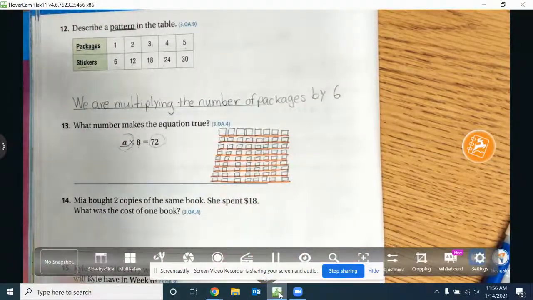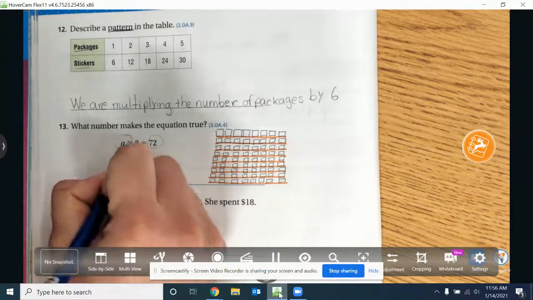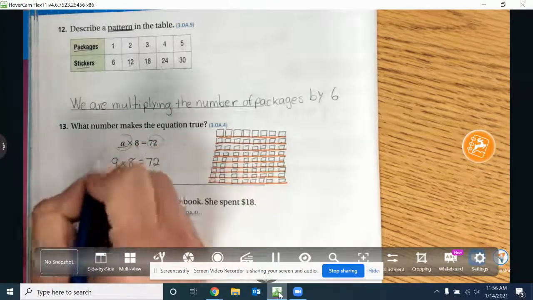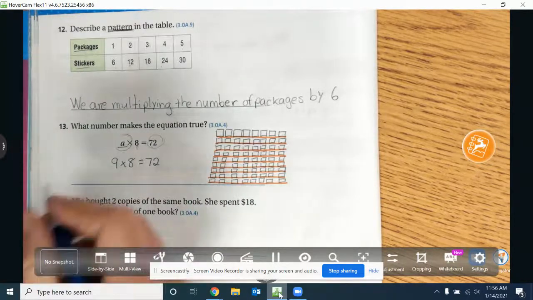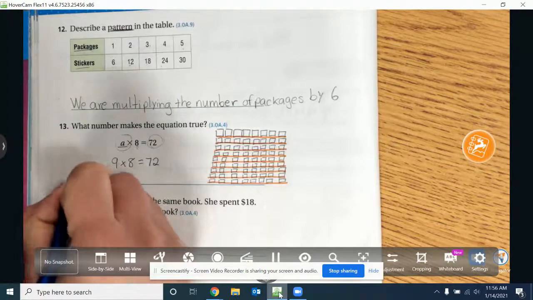We made 9 rows. In other words, 9 times 8 equals 72. For our algebraic equation, the letter A equals the number 9.